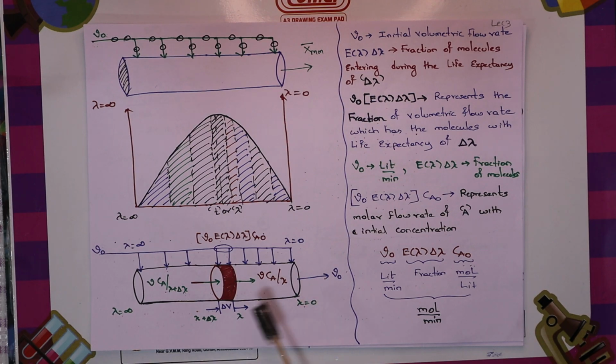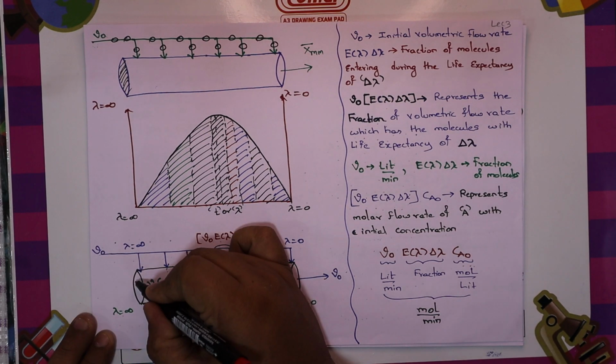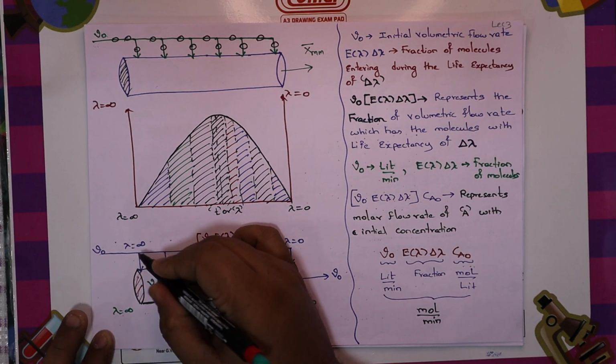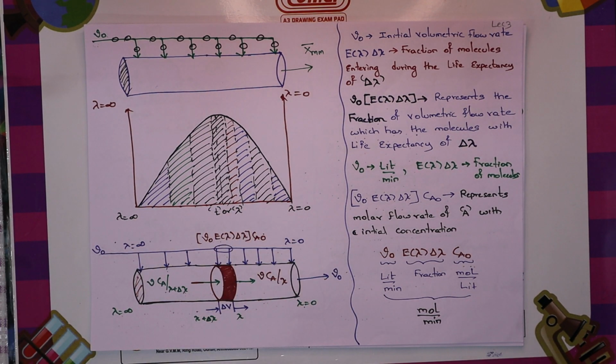Here lambda equal to 0, here lambda equal to infinite. There is no molecule that enters here. This section is closed. The molecule enters from the top. In this schematic, the volumetric flow rate is divided into a number of sections. The molecule can enter here or the molecule can enter here. The molecule which enters here has a higher life expectancy, and the molecule which enters here has a lower life expectancy.